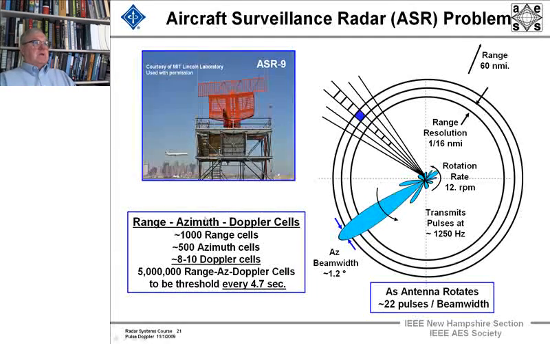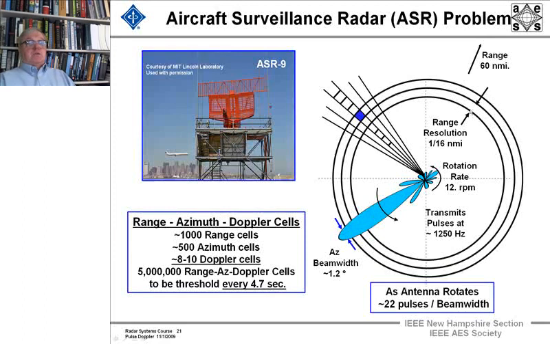So in this particular case, we have 1,000 range cells, as I mentioned earlier, 500 azimuth cells, and these aren't azimuth beam widths, they're CPIs, and 8 to 10 Doppler cells, and it gives us on the order of about 5 million range azimuth Doppler cells every 5 seconds that we're going to process and independently threshold.